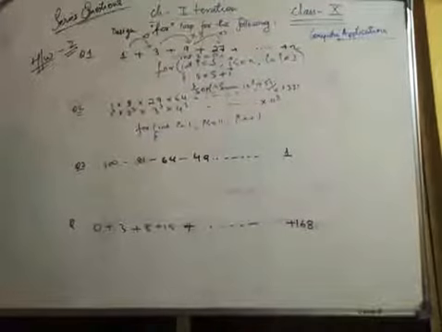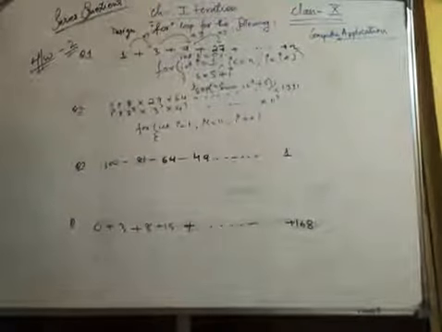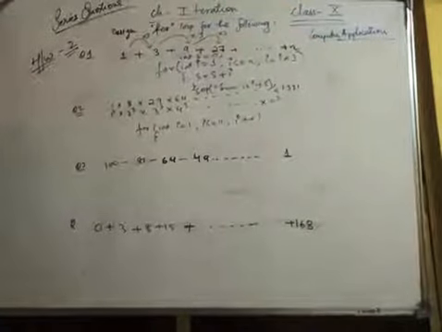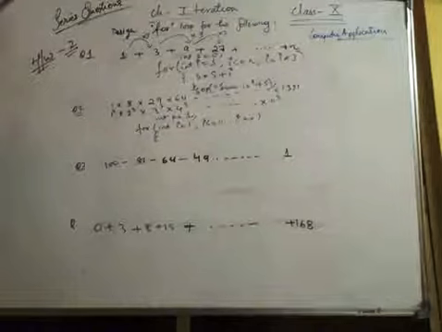Since we need to multiply, as we did in the previous video, we take product p as 1 above the for loop, and inside the for loop we write p equals p into I into I into I.